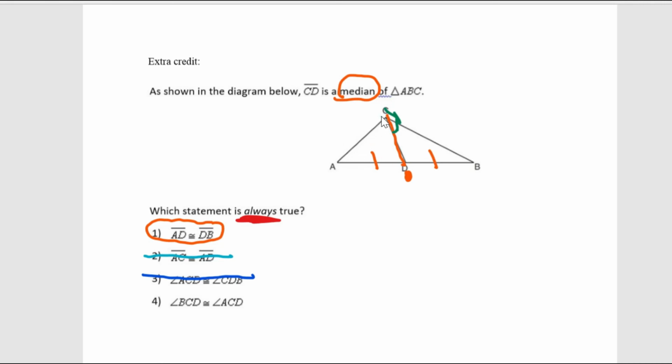Oh, that looks so tempting. But again, based on this definition, it doesn't tell you about the vertex and angles, it only tells you about the line segments. So that answer is out. So the answer, I know that will always be true, because according to the definition of a median, it breaks the segment AB, because you know D is the midpoint, starts from a vertex. I know those were broken up into two equal parts based on the definition of the median.